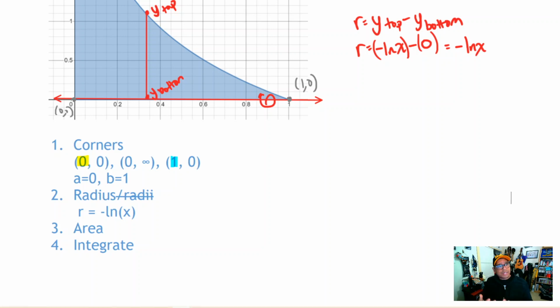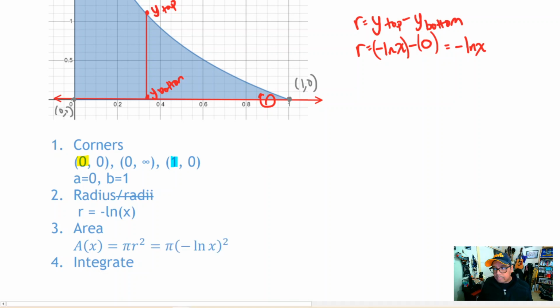Since the cross sections are circles, we know the area formula is pi r squared. Remember, because it is a rotation, we don't even have to fuss with it. Every rotation creates a circular cross section. And we have the radius. The radius is negative natural log of x. So we can simplify our area formula again.